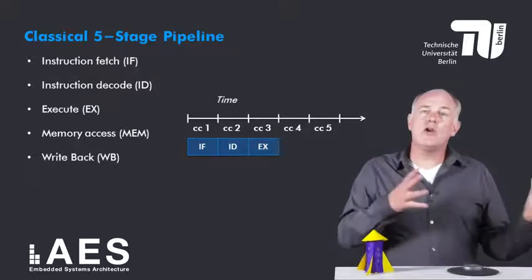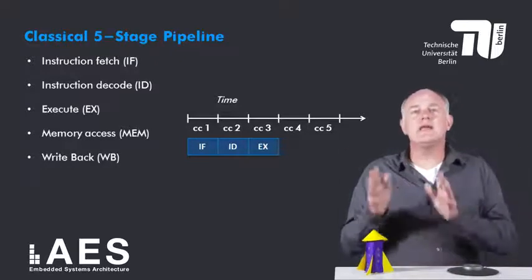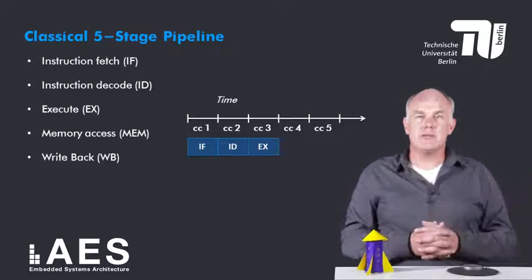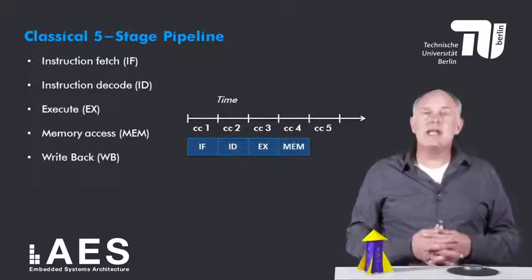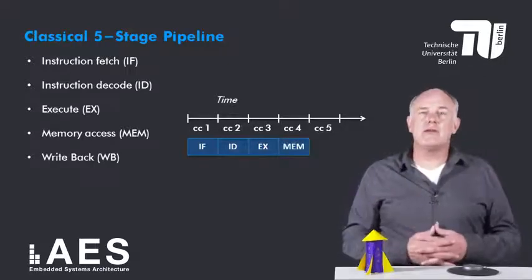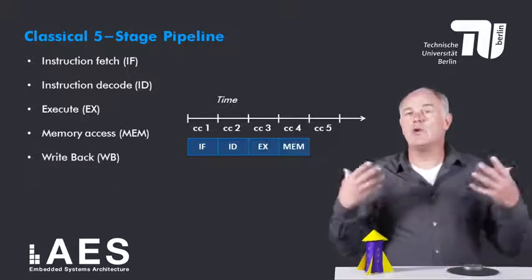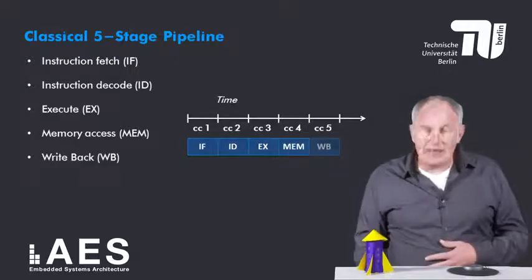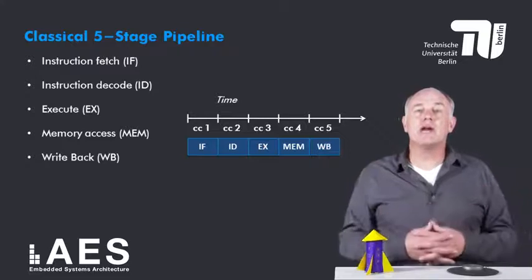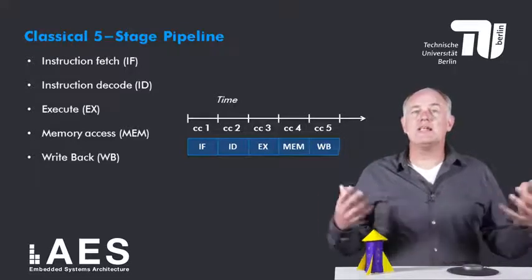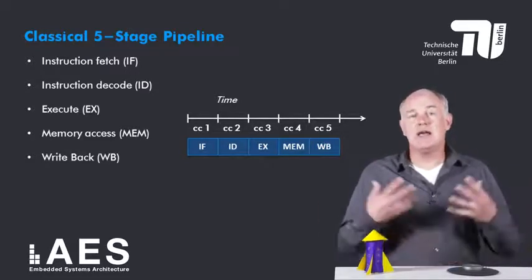As just explained, the operation performed in this stage depends on the type of instruction. In the fourth stage, the memory access takes place, in case the instruction is a load or a store. And finally, in the fifth clock cycle, the result of the instruction is written back to the register file if needed.